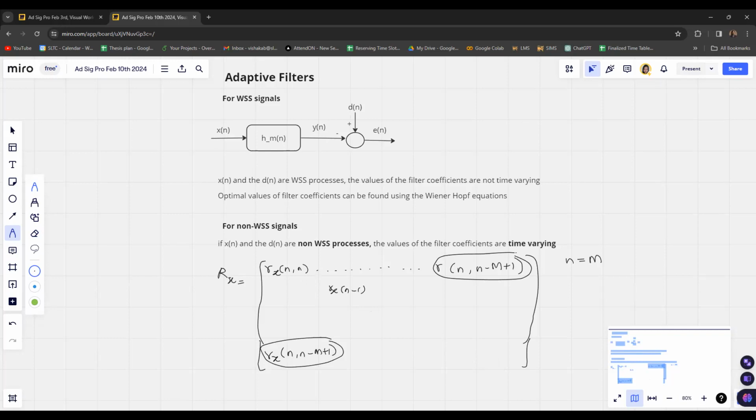If it is Rx n minus 1, then the index will be n minus 1, comma n minus 1. Likewise, this indexing will go along the diagonal, and the final element in the diagonal will be Rx n minus m plus 1, comma n minus m plus 1 again.